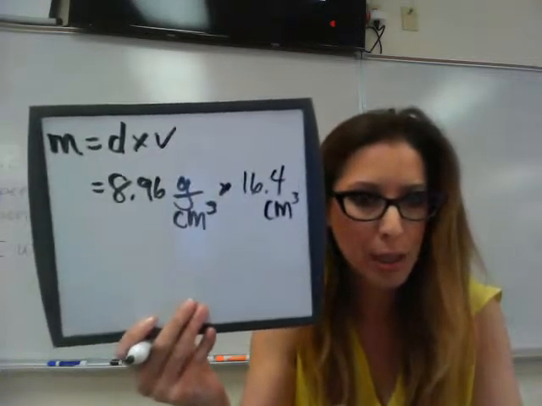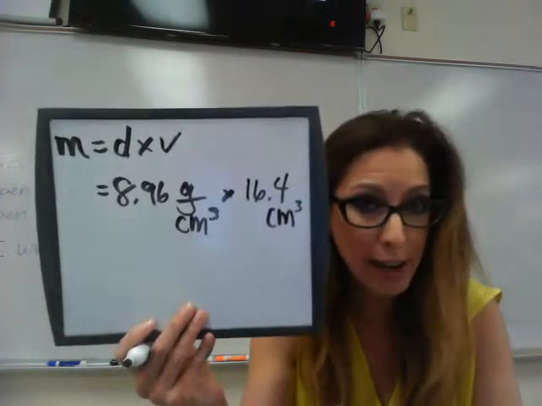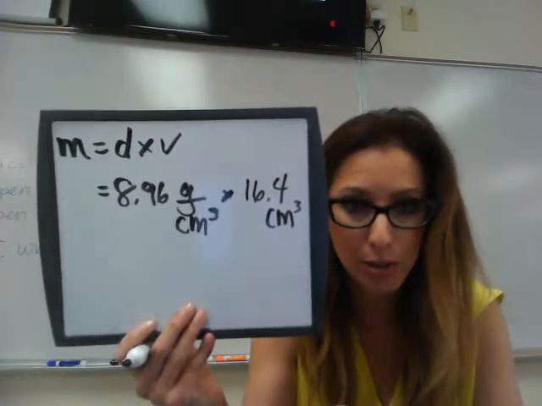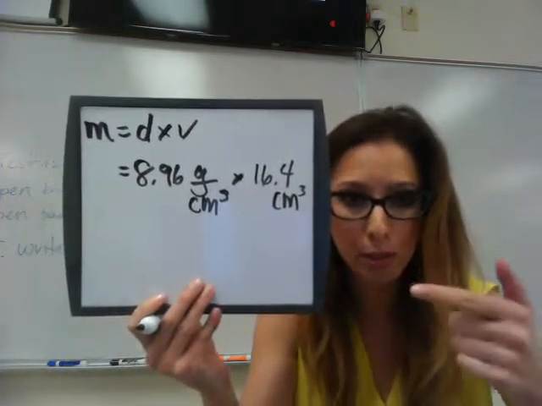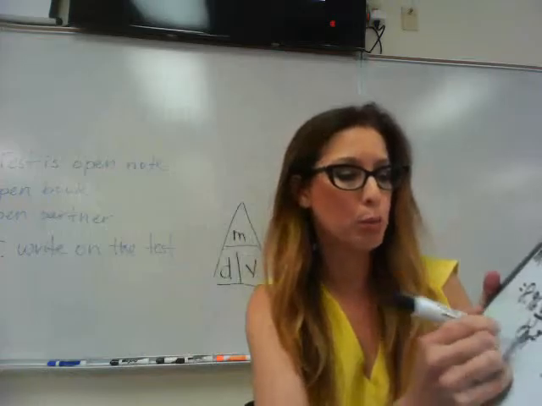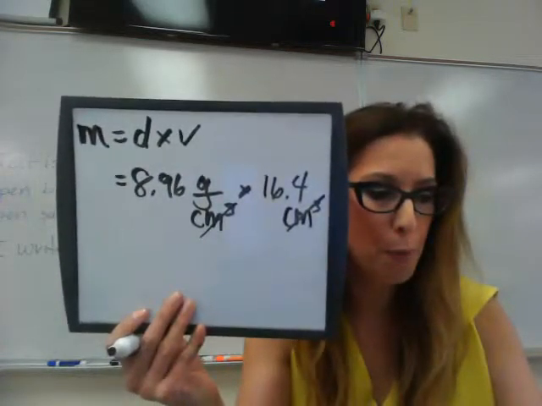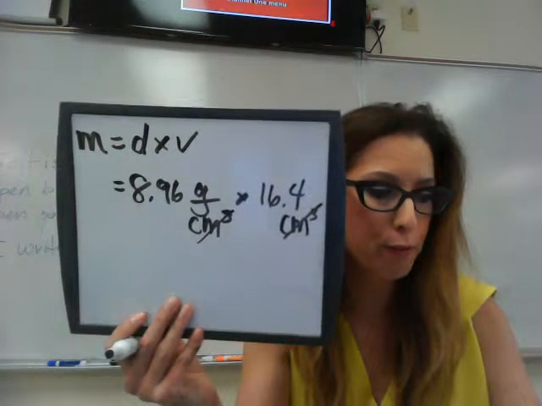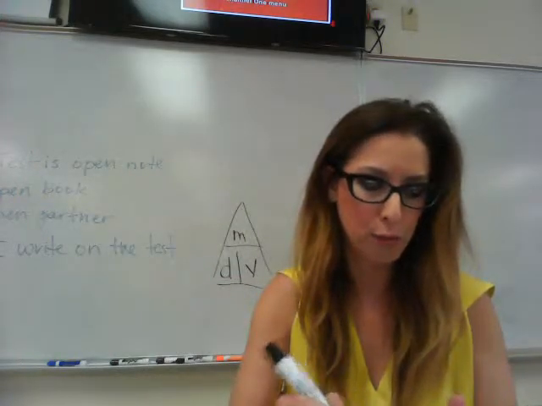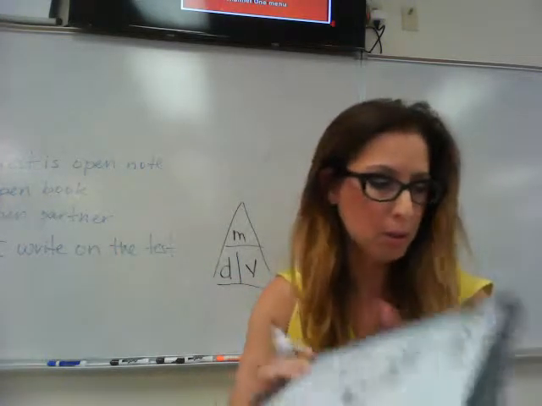And when you multiply it 3 times, you get centimeters cubed. Centimeters cubed will cancel, giving you grams. 8.96 times 16.4 is going to be 147 grams for the mass.